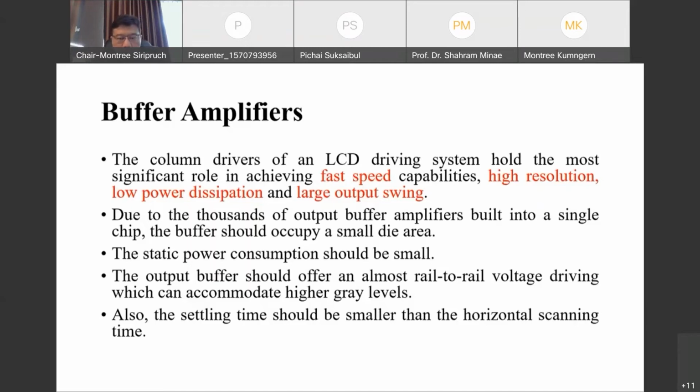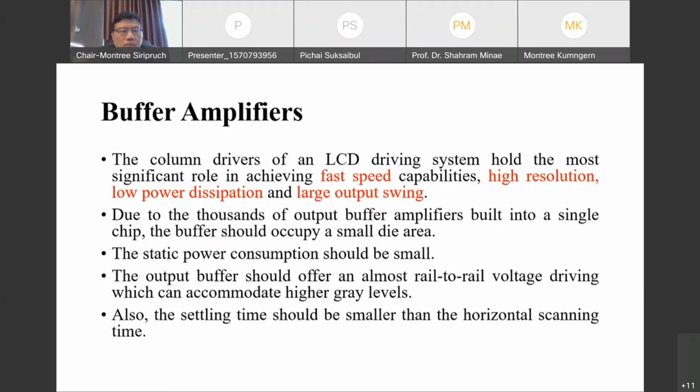For example, if you are using a 3.3 volt supply voltage, and if you obtain 3.3 volts at the output, then this circuit operates rail-to-rail.